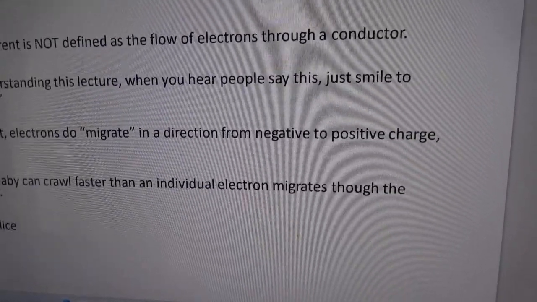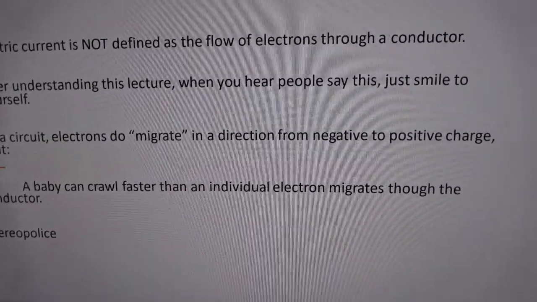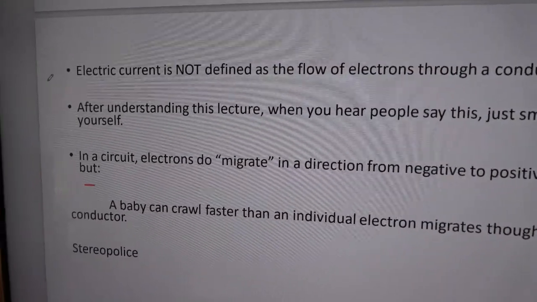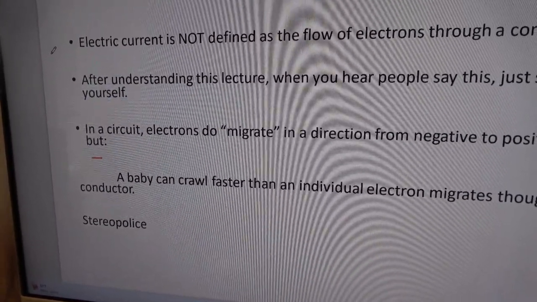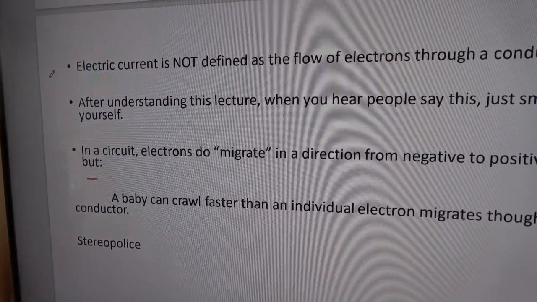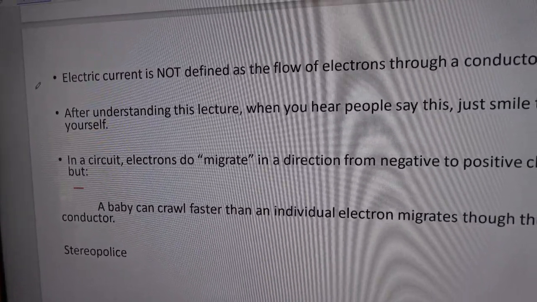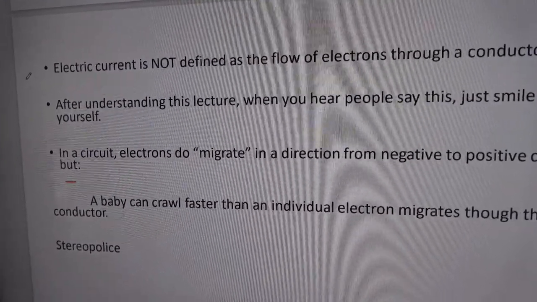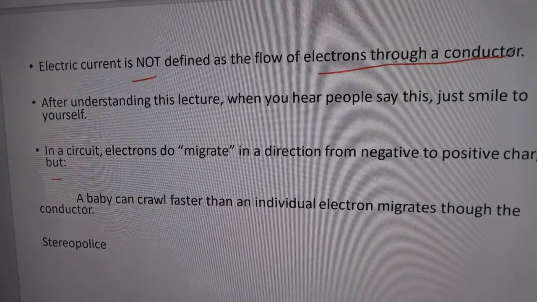I'm going to start with a demonstration, but let me say this first. And again, I will be mounting this camera to a tripod, so sorry if you're getting seasick. Electric current is not defined as the flow of electrons through a conductor. All right?